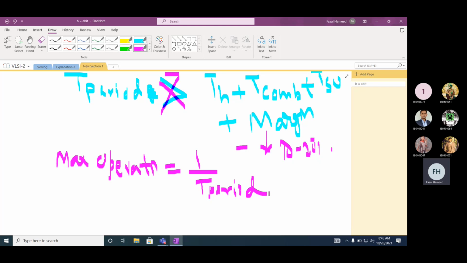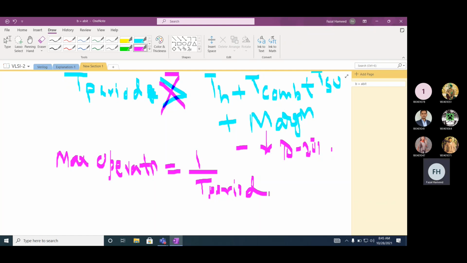And for this operating frequency, you can even increase the time period to give more margin. If the clock is very fast, your circuit will consume very high power. You can increase the clock period. When you increase the clock period, there will be fewer transitions, so your design will have less power consumption. But then it will have more delay. So there is a trade-off between performance and power consumption.